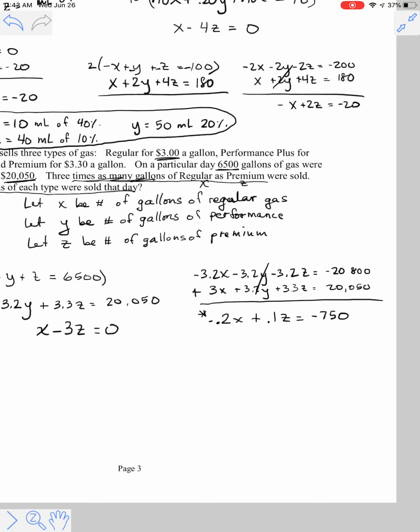So now I have this equation in terms of x and z. I had this equation in terms of x and z. I'm going to combine them into a smaller system of equations.